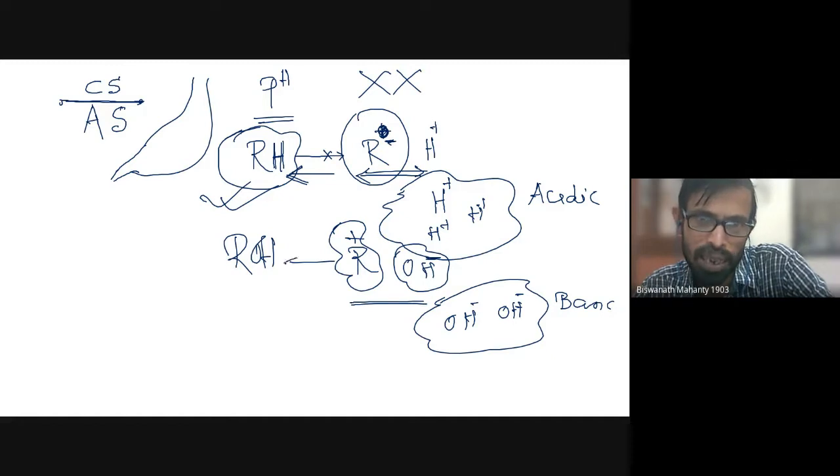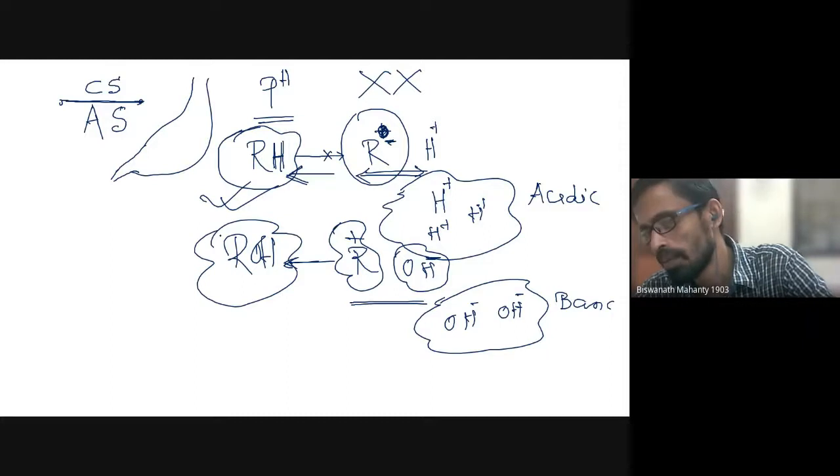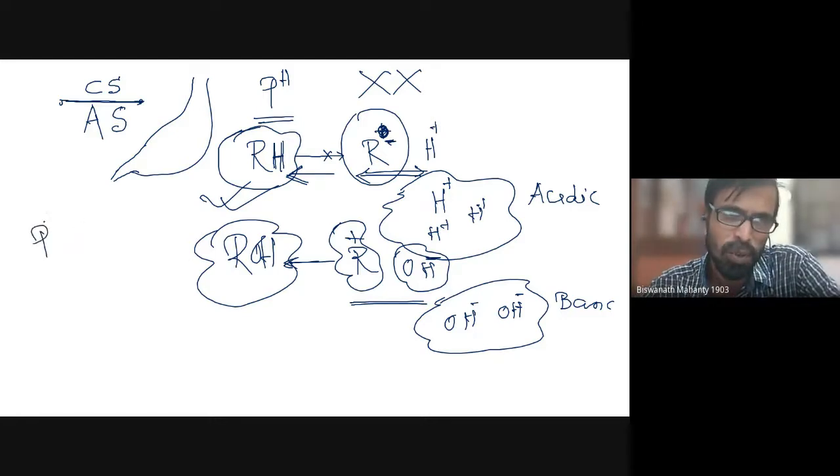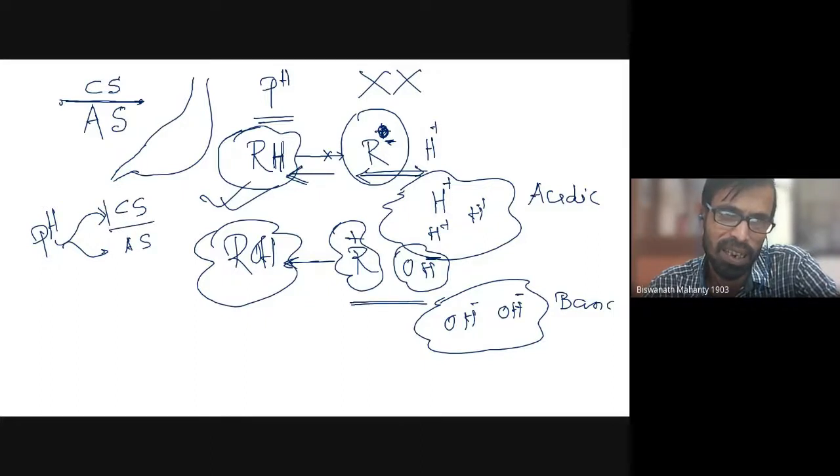It will go this side, that means it will become unionized form. So in a basic environment, if I am having some cationic surfactant, that stability will be lost. It will become this. So you need to understand what kind of surfactant I am going to use, what is the pH. pH is going to control the ionization and stability for both cationic and anionic surfactants. So pH of the media is important.